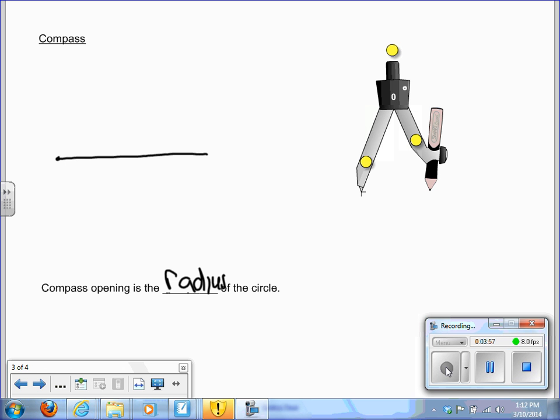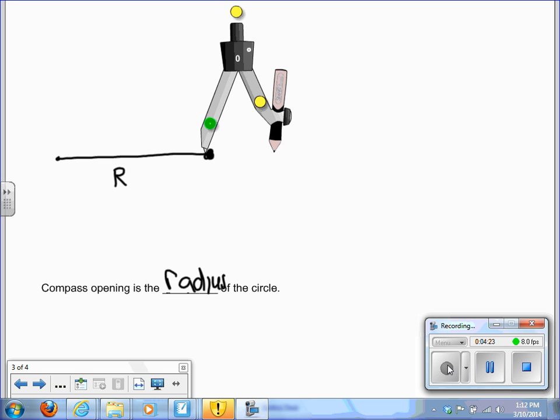And call it r equals 2 inches. Put a point on one of the ends of the line. I'm actually going to move my point to over here because it's closer to the center of my screen. So whatever side's closer to the center, and make sure you label your radius 2 inches. R equals 2 inches. I'm sorry, mine's not working.